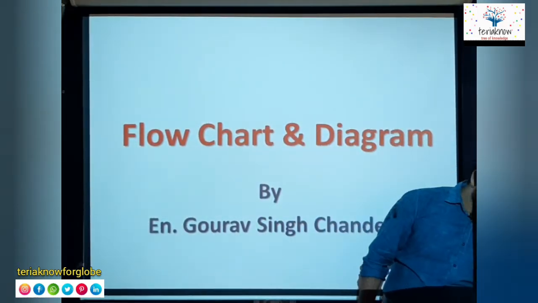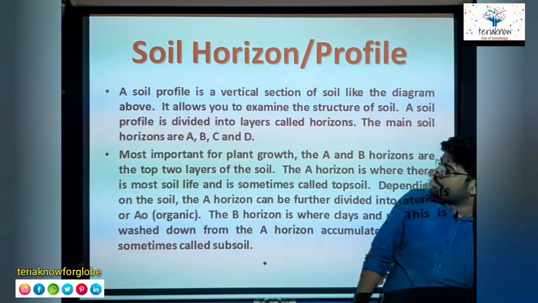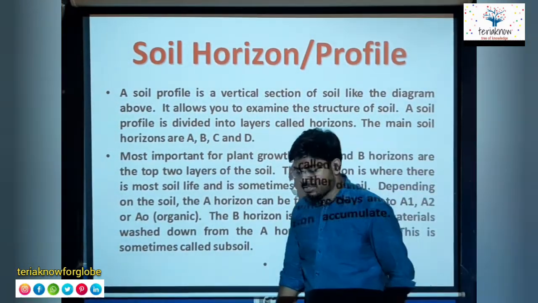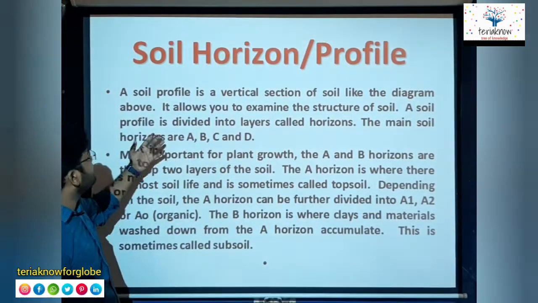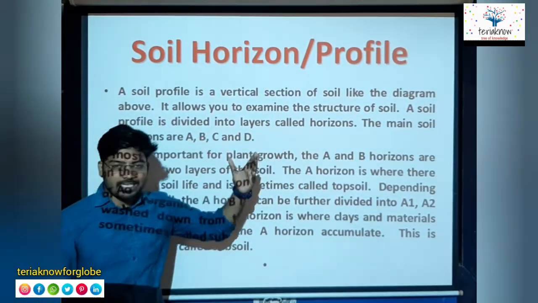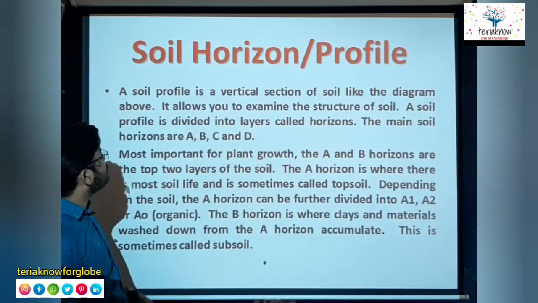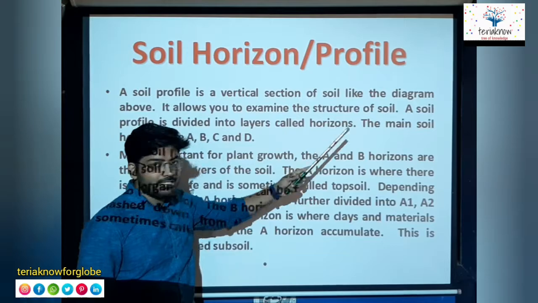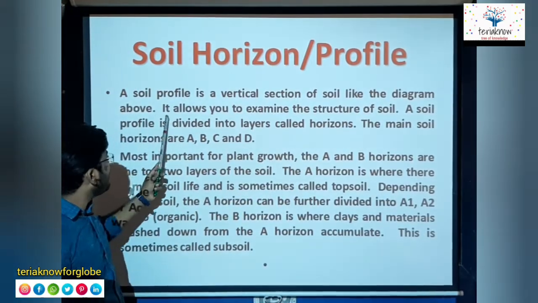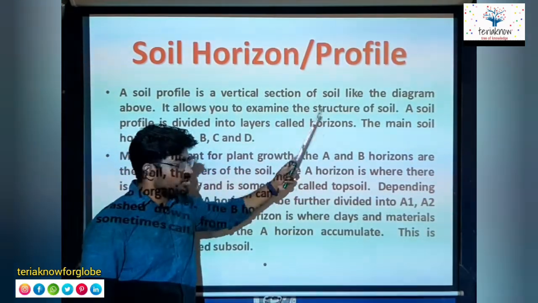Alright, so you can see here, we are going to start with the first flow chart and diagram, that is soil horizon and the soil profile. As you know, a soil profile is a vertical section of soil, like the diagram above, that allows you to examine the structure of soil.